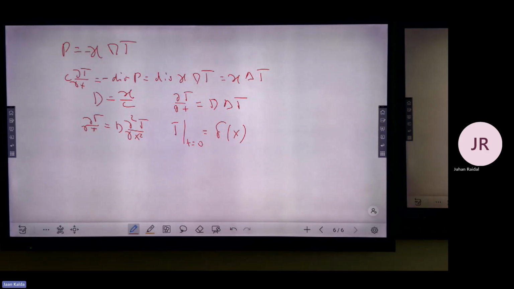Any ways of finding the Green function here? How would you solve this diffusion equation, with initial condition in the form of a Dirac delta?